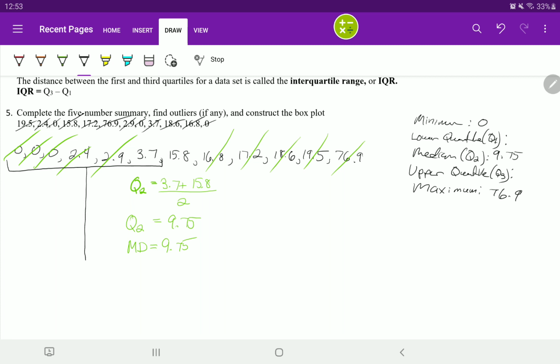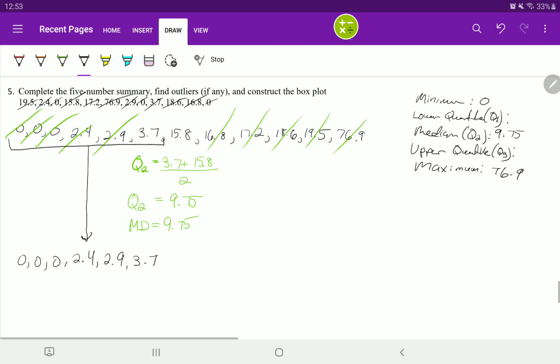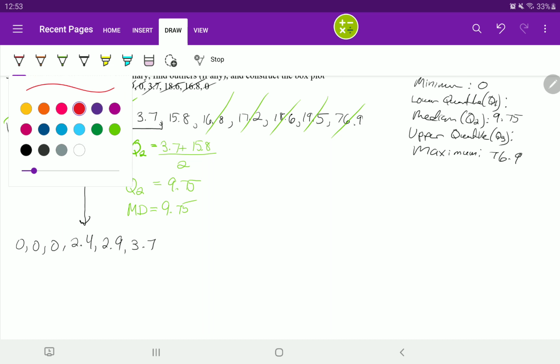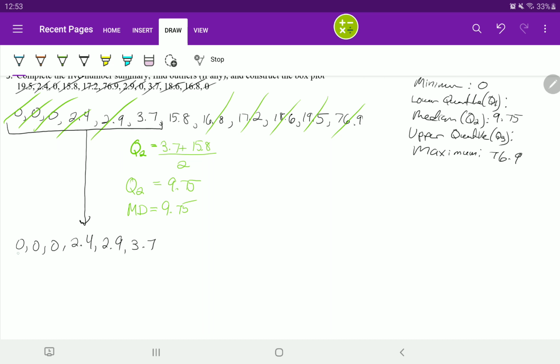So take all those values that are smaller than the median: 0, 0, 0, 2.4, 2.9, and 3.7. And you're going to find the median of that data set, and that will be your quartile 1.